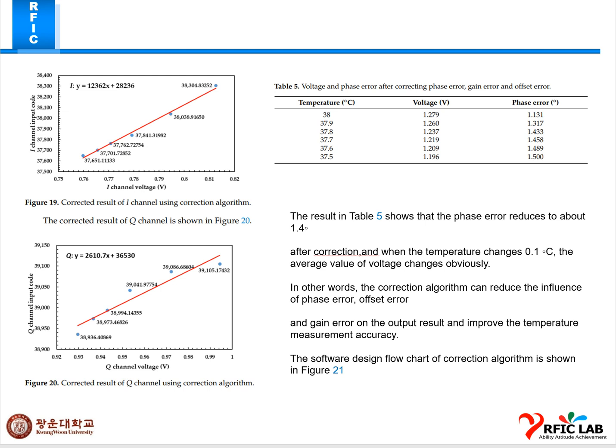After the correction, when the temperature changes 0.1 degrees Celsius, the average value of voltage changes obviously. In other words, the correction algorithm can reduce the influence of phase error, offset error and gain error on the output result, and improve the temperature measurement.